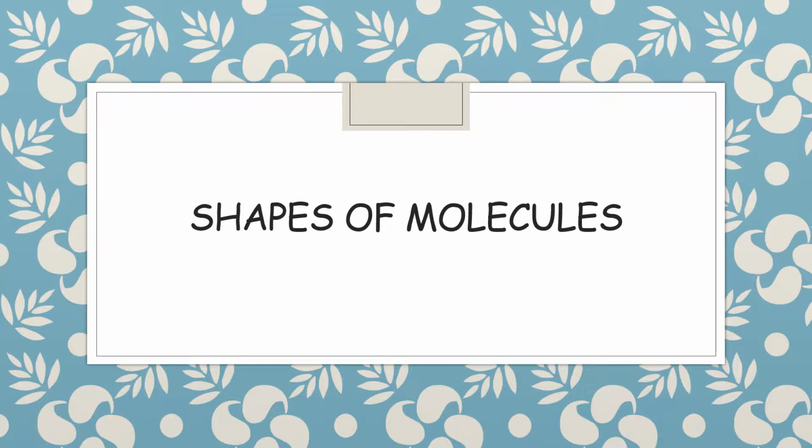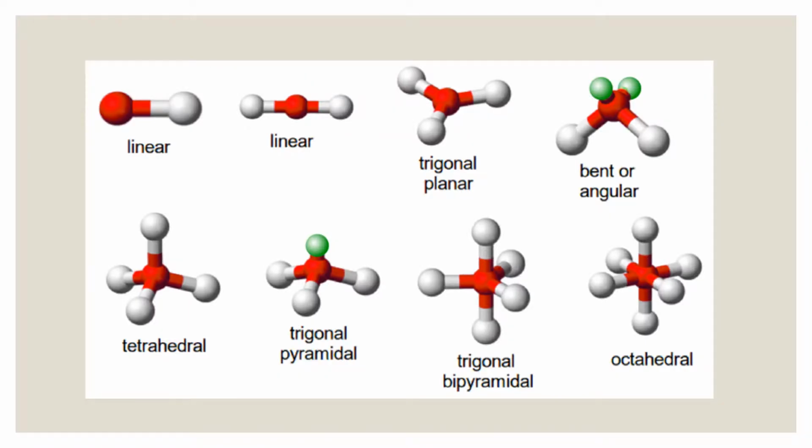In this video, we're going to actually look at how to predict the shape of some simple molecules. The overall shape of a molecule is determined by the bond angles. This is the angle made by joining the nuclei together.